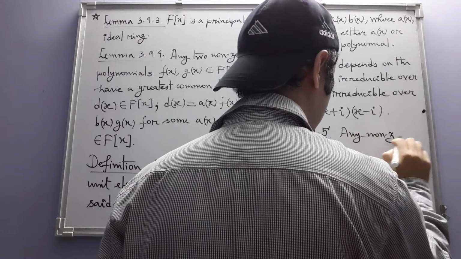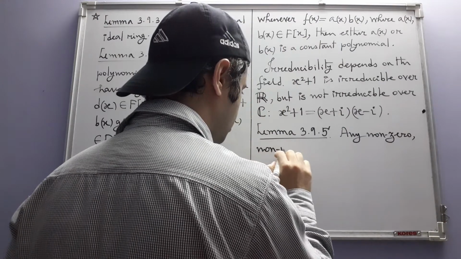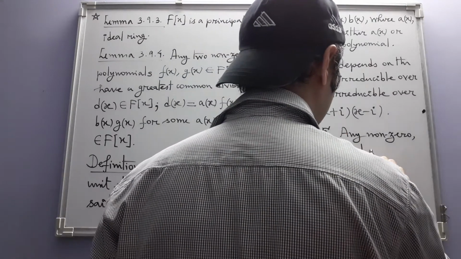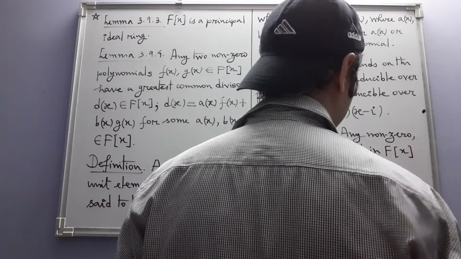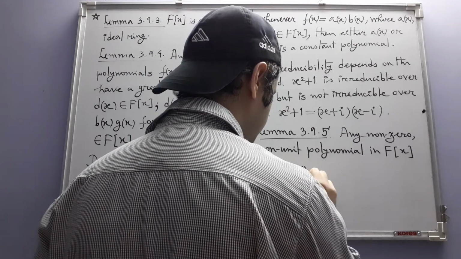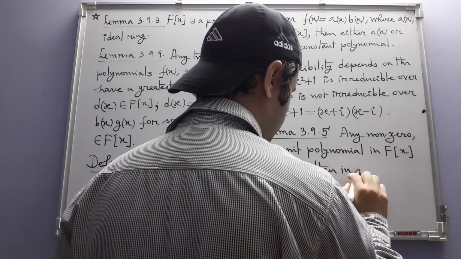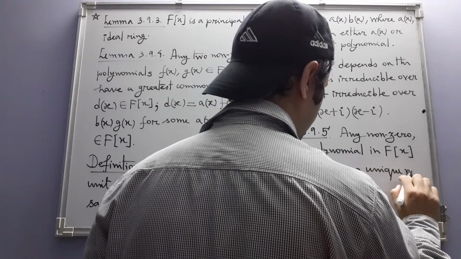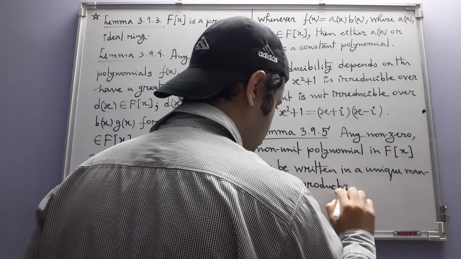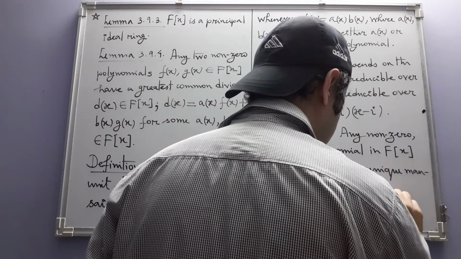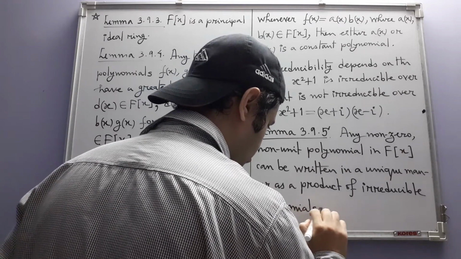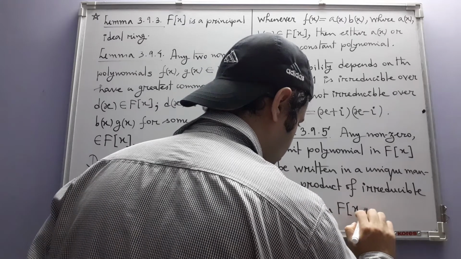Any non-zero, non-unit polynomial in F[x] can be written in a unique manner as a product of irreducible polynomials in F[x].